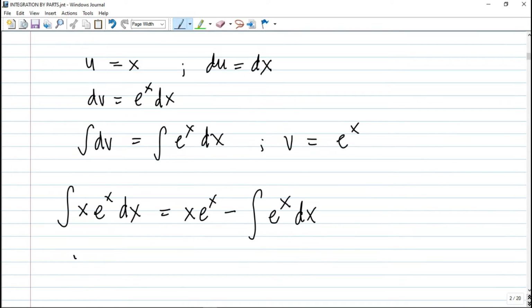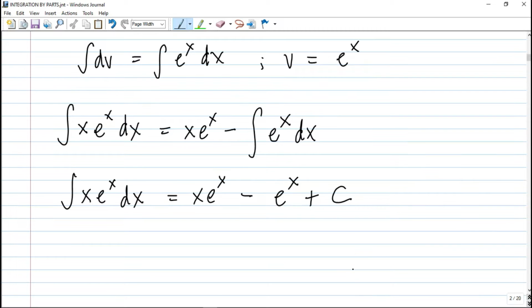So you have here the integral of e raised to x. So the integral of x times e raised to x dx equals x e raised to x minus the integral of e raised to x dx, from the formula, that is just e raised to x plus c. So this is our final answer for this problem.